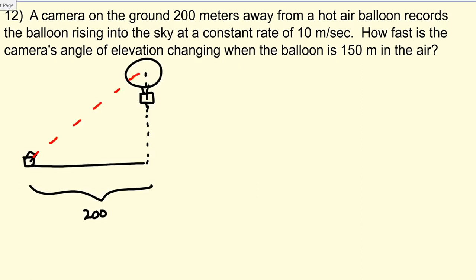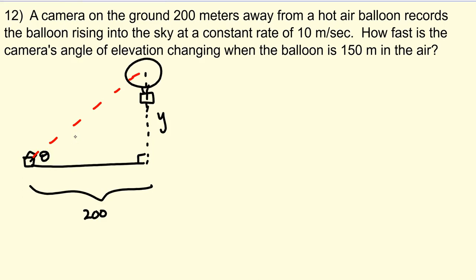Okay, so we have another right triangle. We have the ground, 200 meters between the camera and where the balloon took off, assuming we have a right angle there. And then the balloon is rising, so we don't know that it's a constant height, so we'll give it a name like y. And we're interested in the angle of elevation, so I'm going to call that theta.